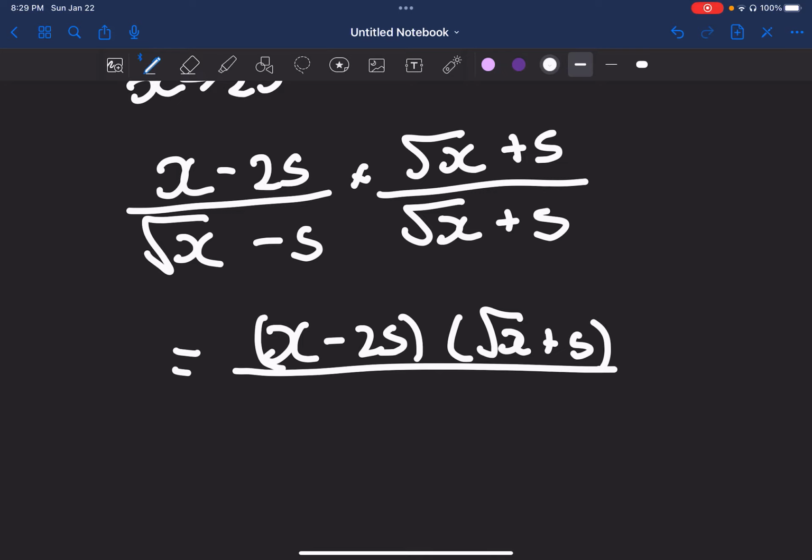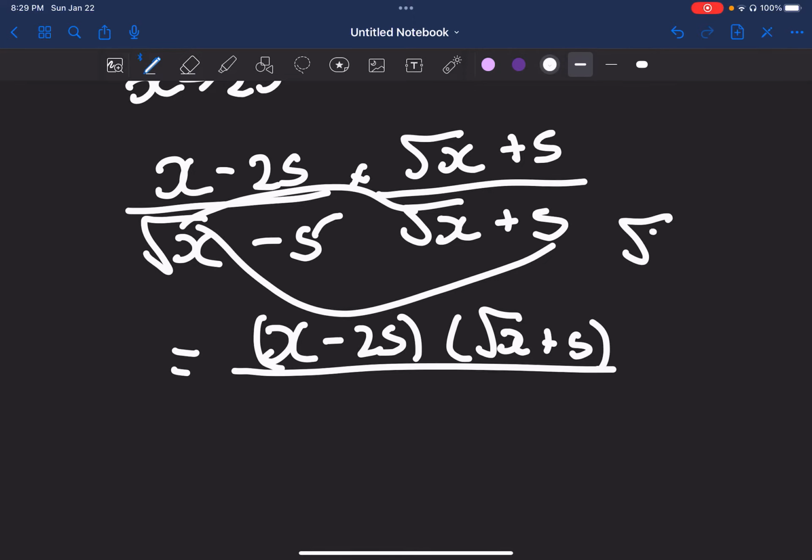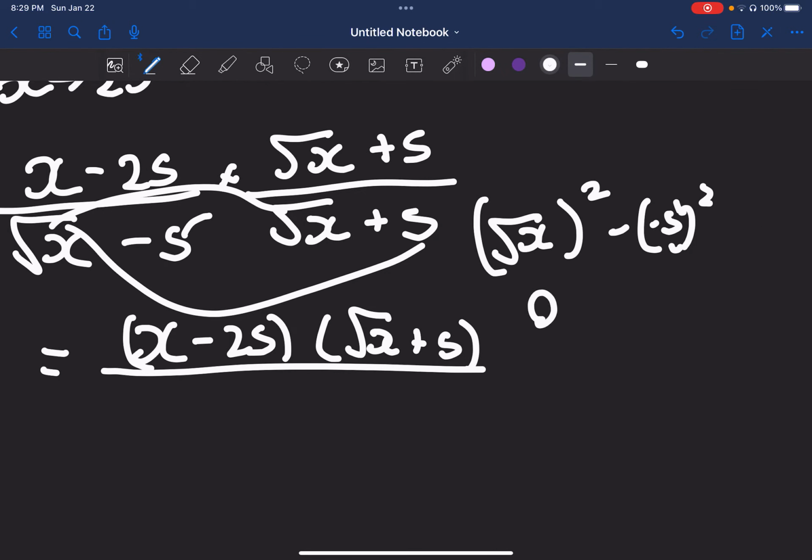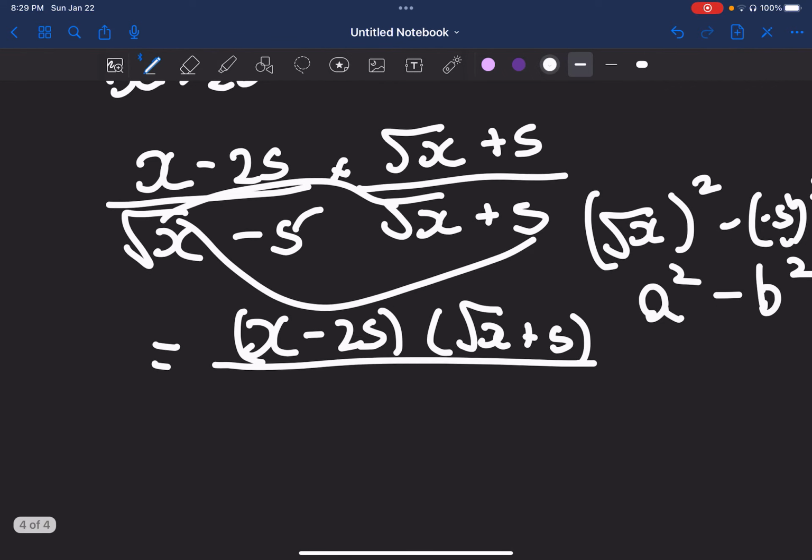Now you could do this times this and this times that, but that takes kind of long. So you could use a squared minus b squared, with a being root x and b being 5, because this is the difference of two squares. So we can use that method.